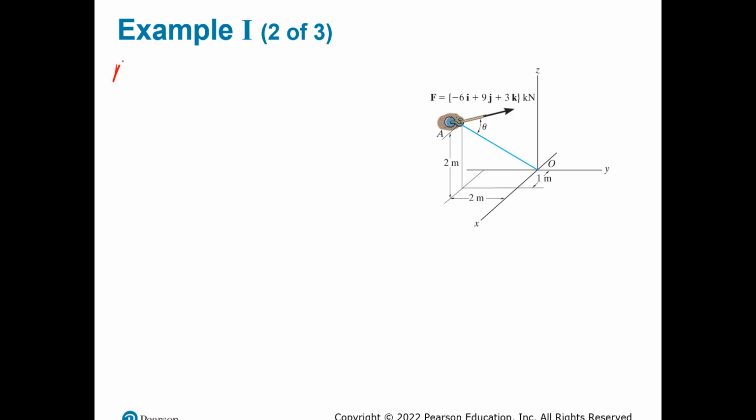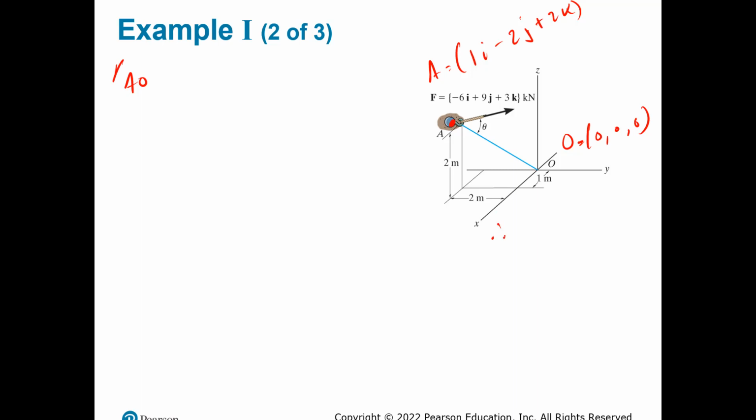Okay, so we need to find our AO, and for that we need to define point A right here, which is equal to 1i minus 2j plus 2k, right? And O is equal to, the position is 0, 0, 0.